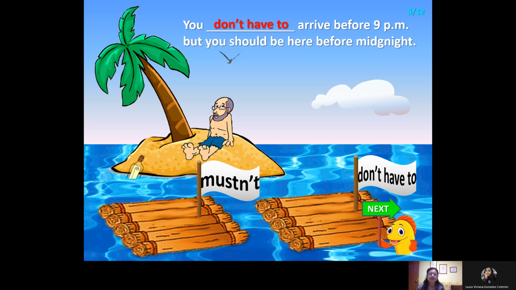You don't have to arrive before 9 p.m., but before midnight. Very good. It's not necessary to arrive before nine, but at midnight you have to. Next one.